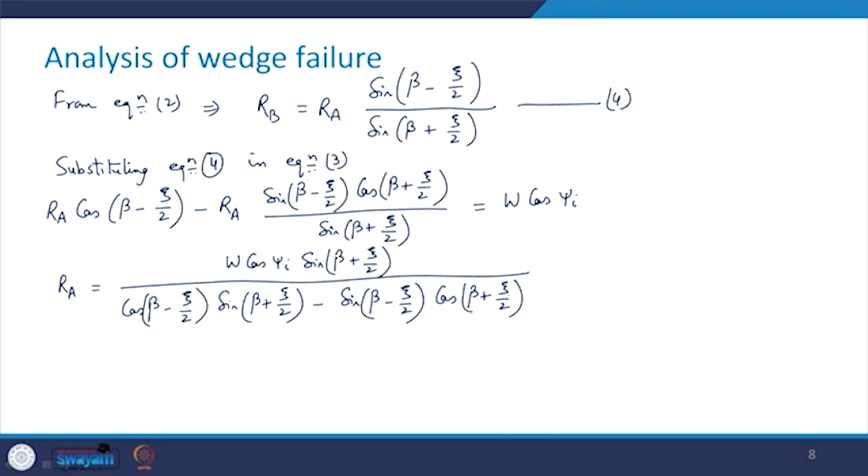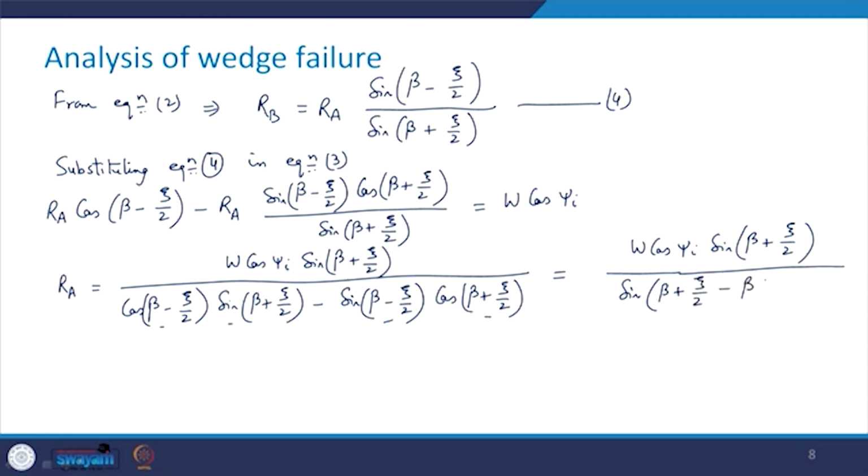Now you see this is of the form of sin A cos B minus cos A sin B, and that becomes equal to sin of A minus B. So I will write it here as W cos psi i sin of beta plus zeta by 2 divided by sin of A minus B. So A I have as beta plus zeta by 2 minus beta, and this minus minus will become plus, and that is zeta by 2.